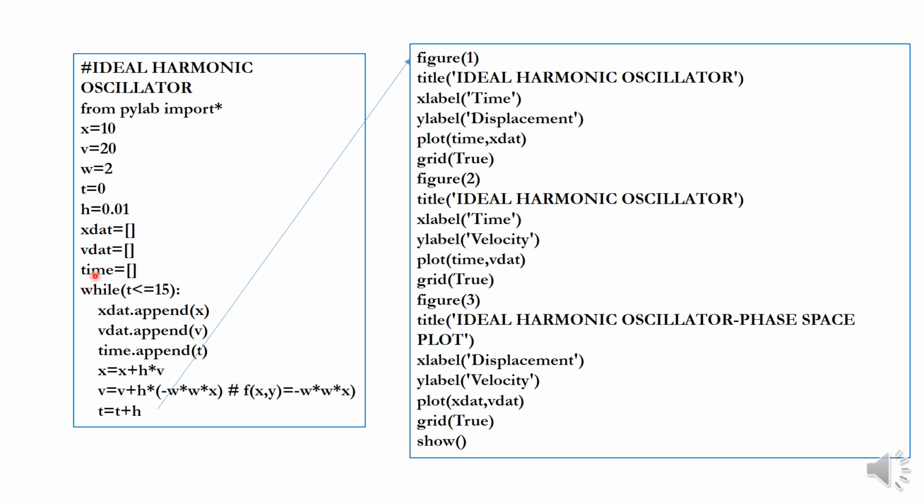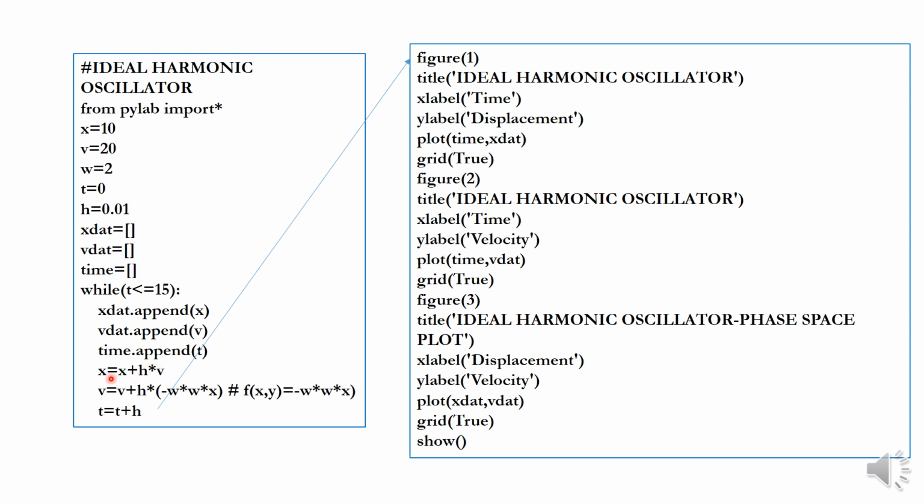Now a while loop is started. While t is less than or equal to 15, that means up to the time 15 seconds, this will proceed. X dat is appended with x, v dat is appended with v, and time is appended with t.